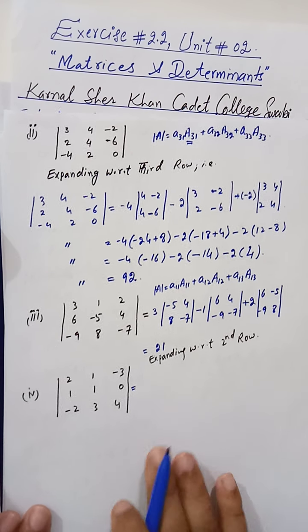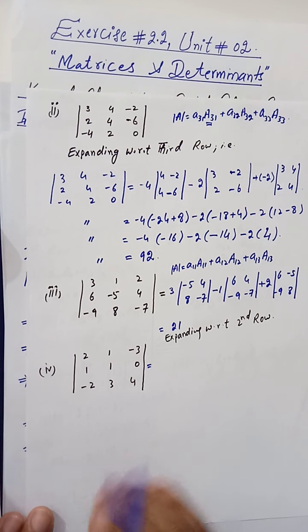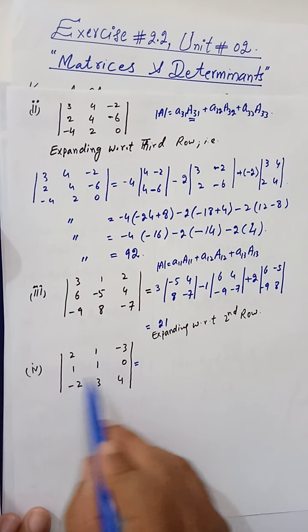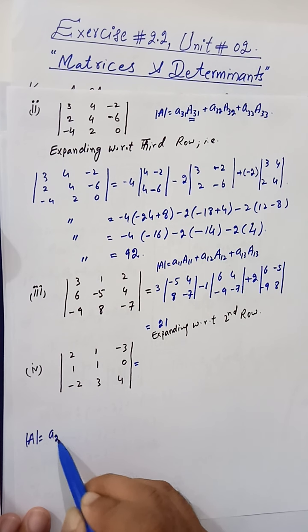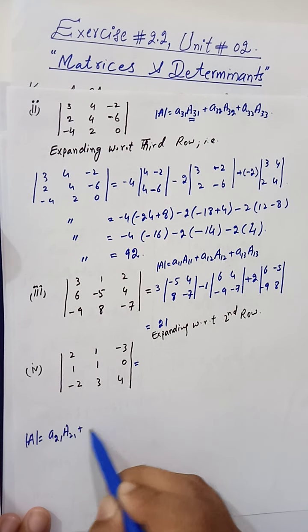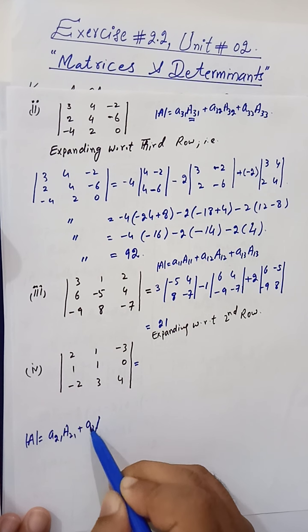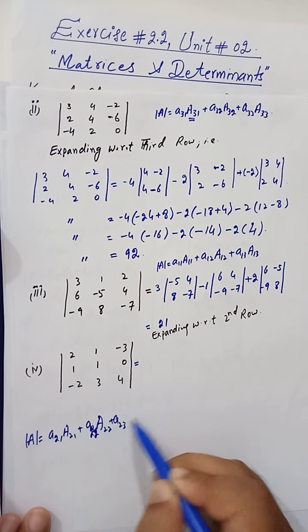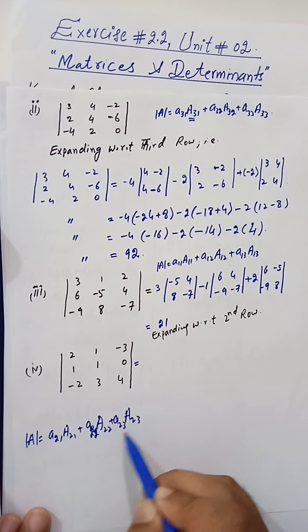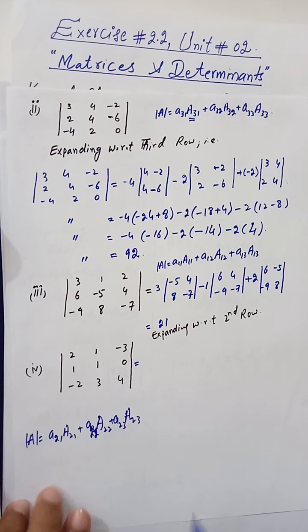In general, when you are using the second row, the determinant of the matrix will be equal to A21 capital A21, A22 capital A22 and A23 capital A23. So you see that you are using the elements on the second row.